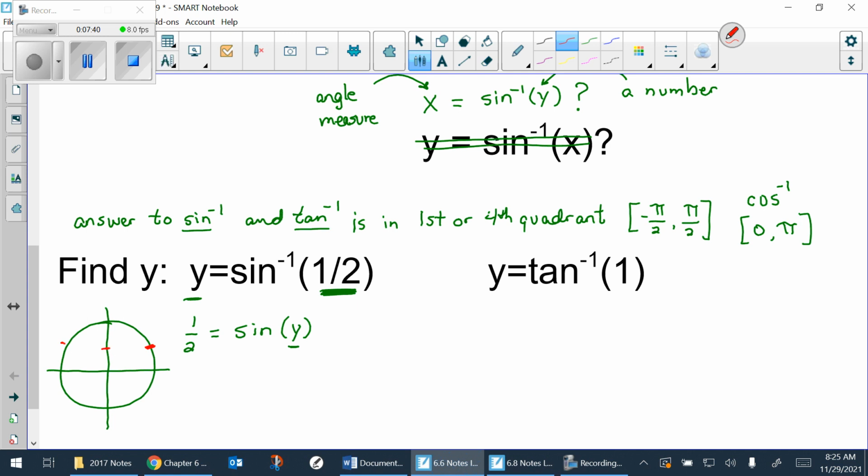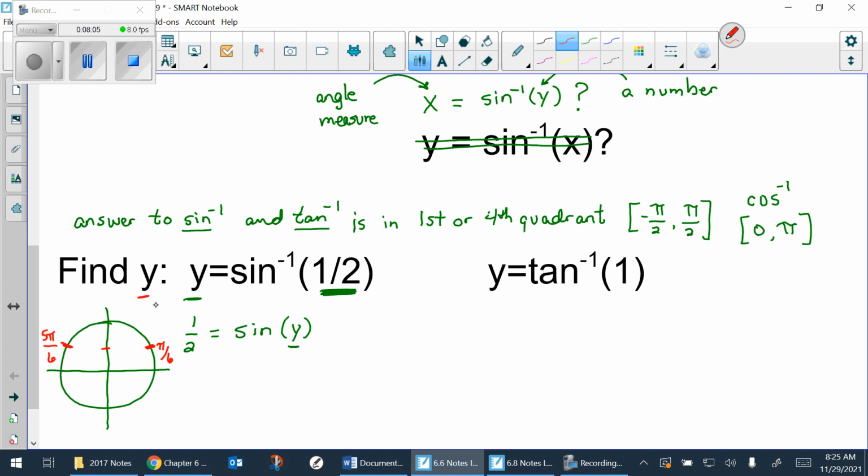You know, it also occurs over here. But remember, this is pi over 6. That's where the sine is 1/2. If we know our unit circle, we know that. If we don't know the unit circle, well, we got some work to do. That's 5 pi over 6. So the question is, find y.